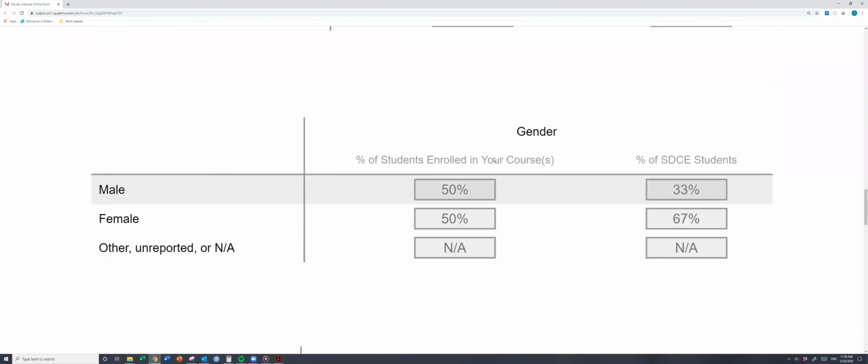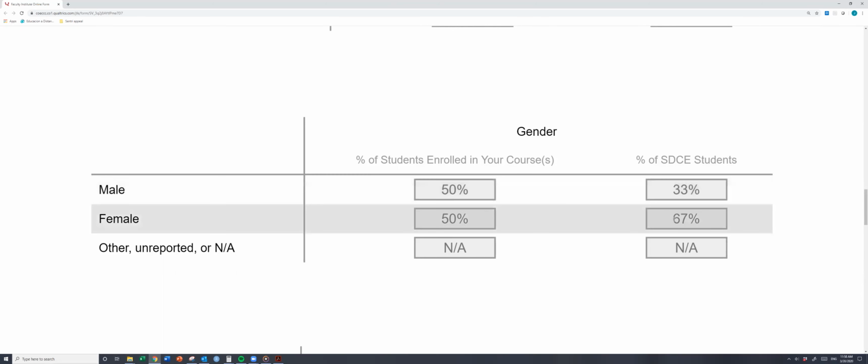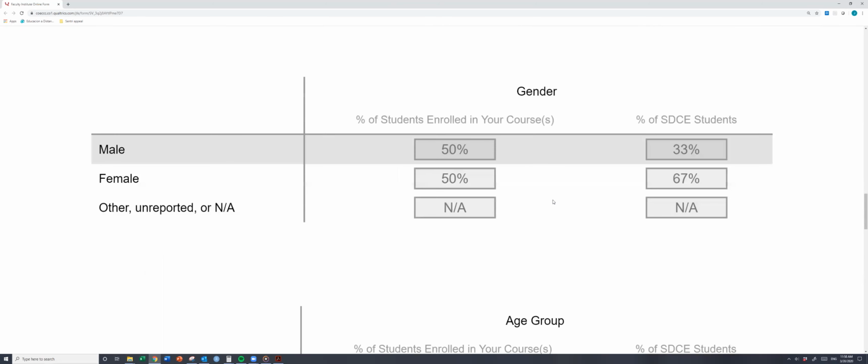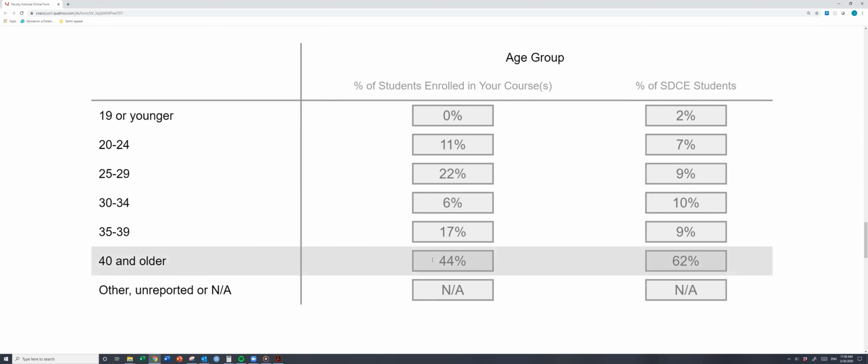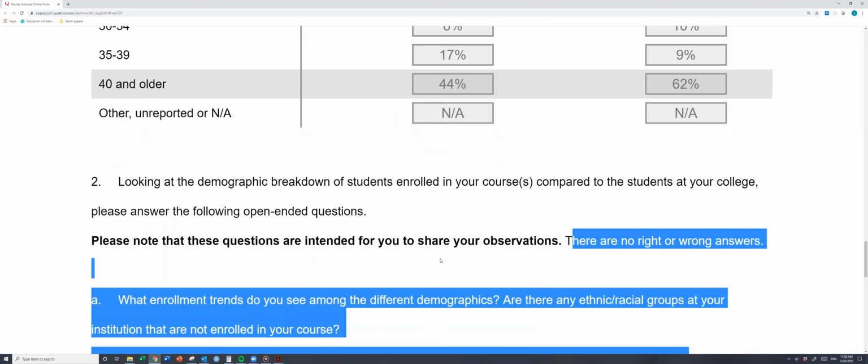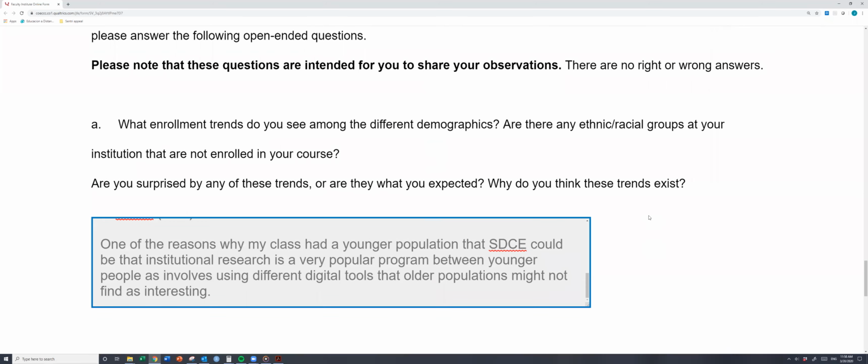I also see that by gender, the split between male and female students is the same, even for my class, whereas for San Diego Continuing Education, the percentage of female was higher. In addition to that, when I'm looking at the age group data, I can see that the percentage of students 40 and older is less in my class than the percentage for SDCE. So those are things that I could highlight in my narrative.